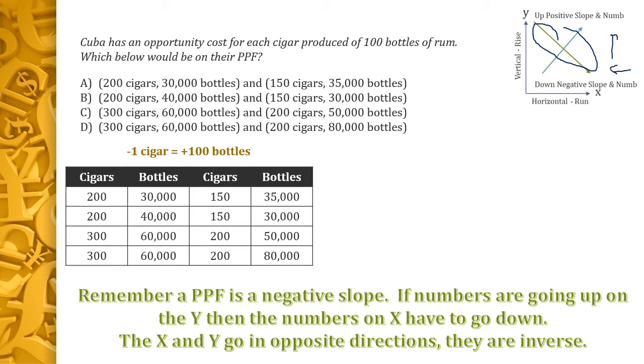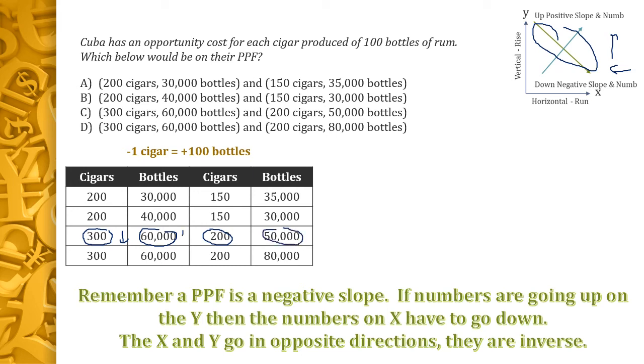Well, one of the things I spotted right away when I first looked at this is choice number, I guess it's C. We have 300 and we're going down to 200 cigars. So this one is going down, okay? But then we have 60,000 and it's also going down to 50,000.